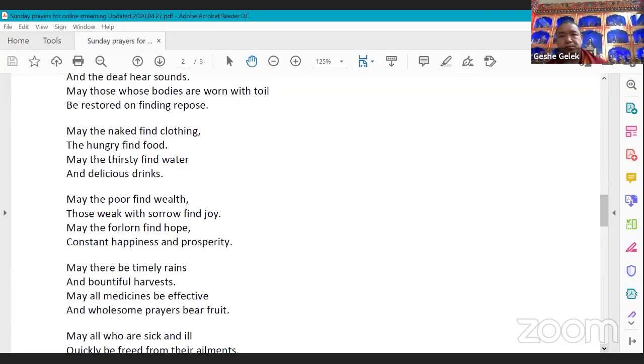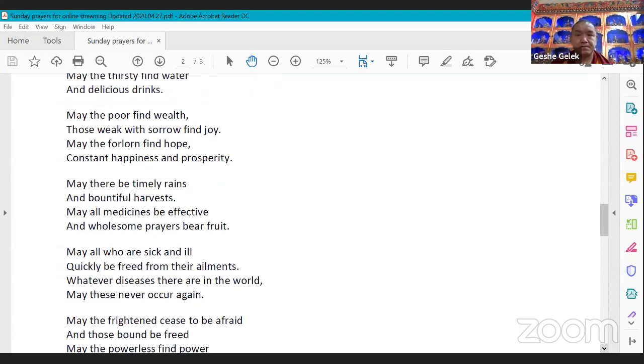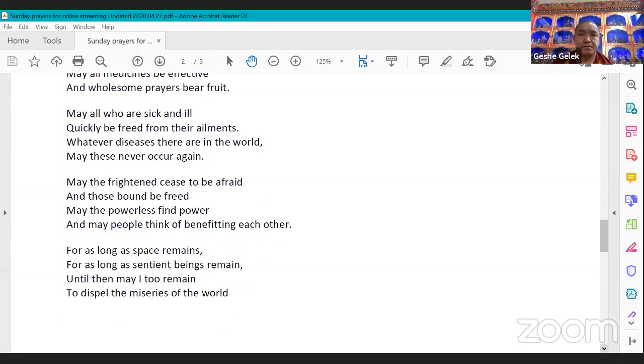May the forlorn find hope, constant happiness and prosperity. May there be timely rains and bountiful harvests. May all medicines be effective and wholesome prayers bear fruit. May all who are sick and ill quickly be freed from their ailments. Whatever diseases there are in the world, may these never occur again. May the frightened cease to be afraid and those bound be freed. May the powerless find power, and may people think of benefiting each other. For as long as space remains, for as long as sentient beings remain, until then may I too remain to dispel the miseries of the world.